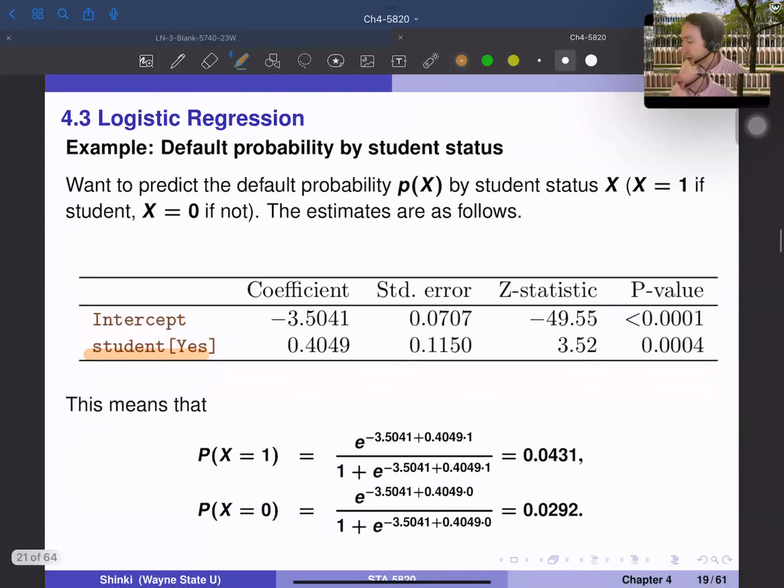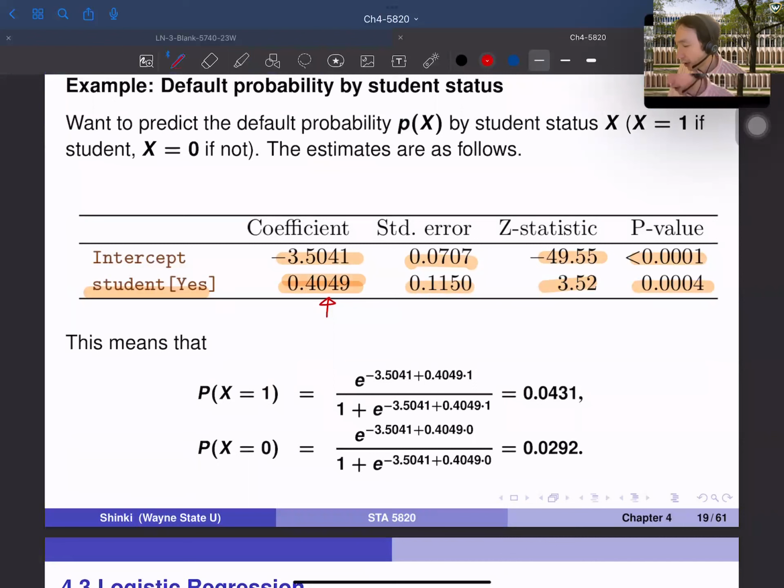And here is the result. At first the coefficients are here, standard error here, Z statistic here, and the p-values are small. So we can say this is significant. That means this coefficient is positive at least, so if a person is a student, then the default probability is higher.